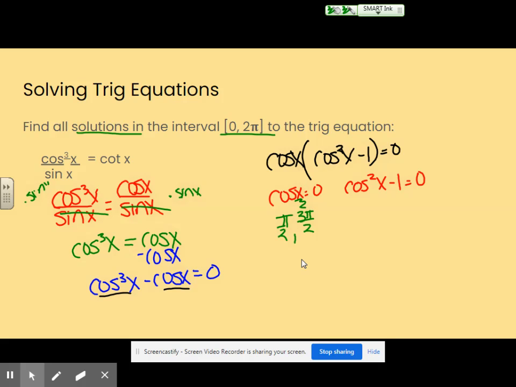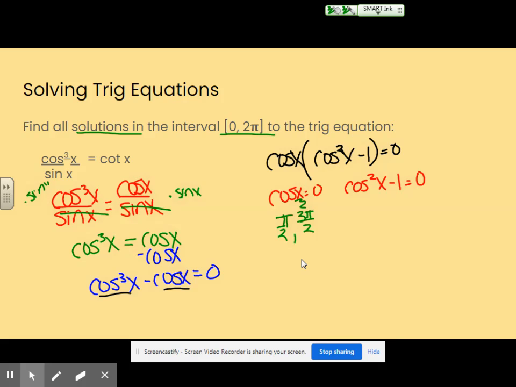Now let's look at the other equation I have. Cosine squared x minus 1 equals 0. Now, I mentioned before, whenever I see a cosine squared x or any other trig function squared, I might be tempted to use a Pythagorean identity, but I'm really close, and I know that I can pretty easily solve from here because we're solving and not simplifying.